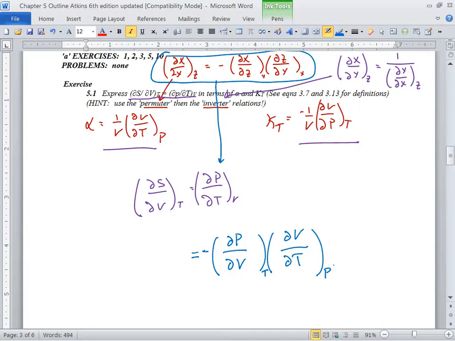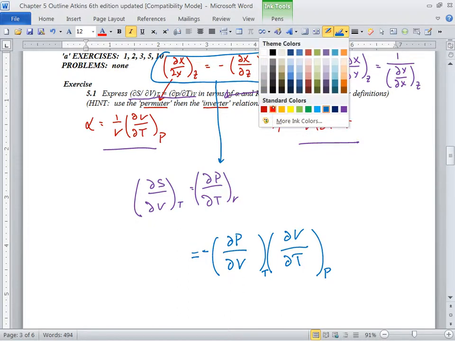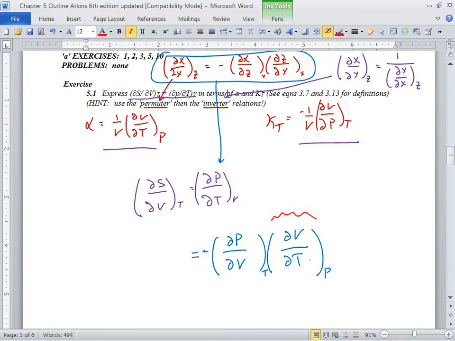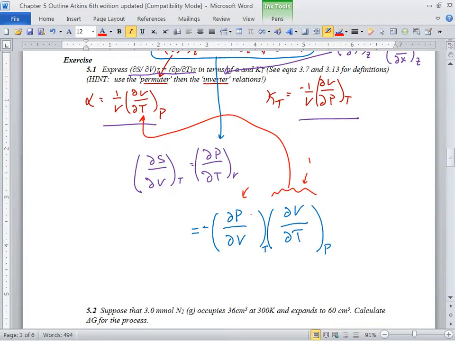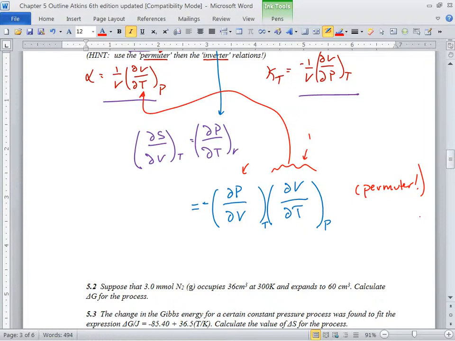Now, do you see anything similar here? Look at this. V with respect to t. There's v with respect to t, so don't mess with this. Leave it alone. This one, invert it. Exactly. So that was the permuter, not the inverter. Now let's do the inverter.